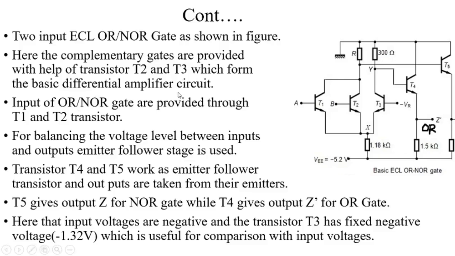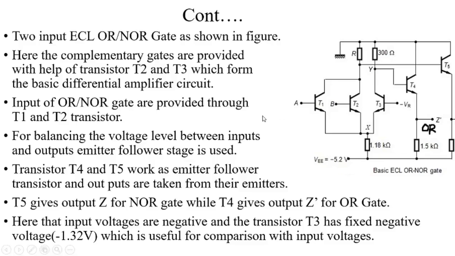It means that the T2 and T3 transistors are considered complementary gated transistors, meaning one transistor is on and the other transistor is off. So these two give complementary outputs. And when the transition from one state to the other state occurs, these two transistors act as a differential amplifier circuit.